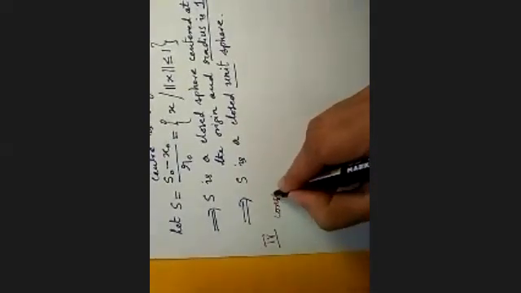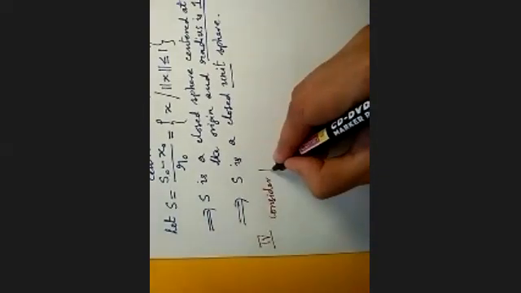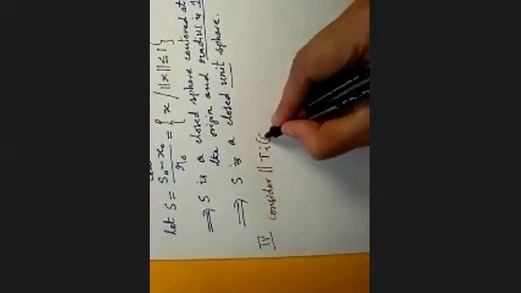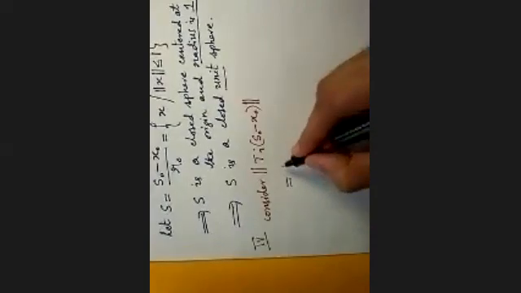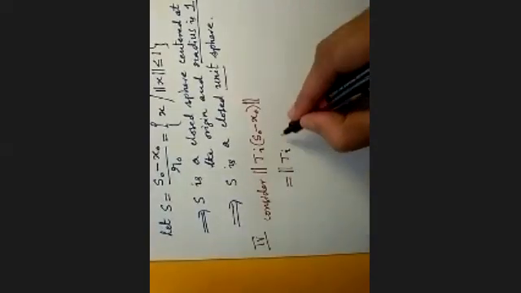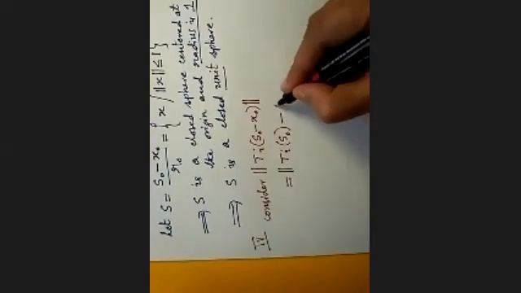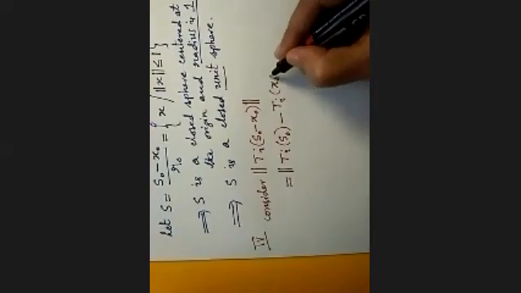Now we shall go to step 4. Now consider norm of Ti of S naught minus X naught. What is the norm of this? This is equal to norm Ti of S naught minus Ti of X naught.